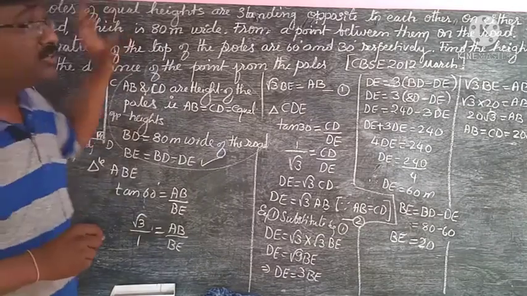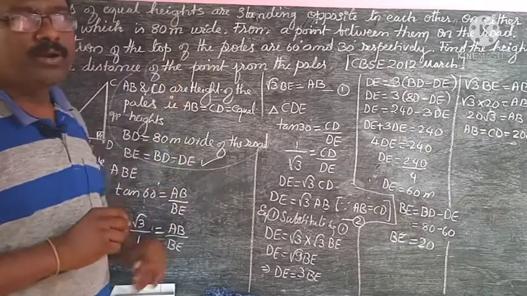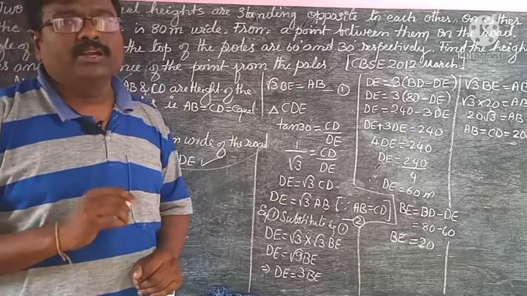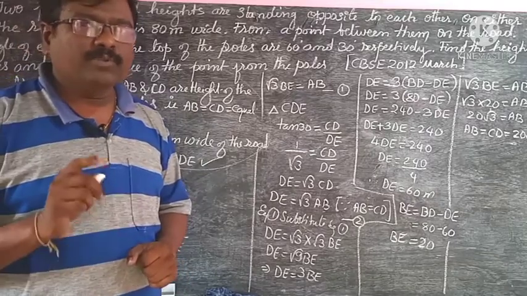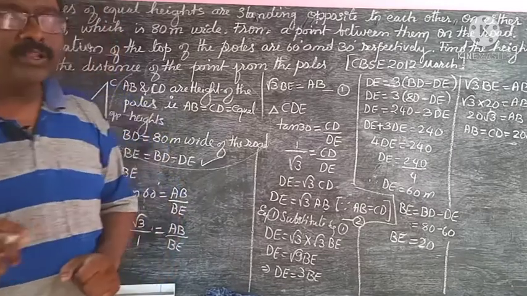Therefore you can understand the questions, draw the diagram using the steps, and be able to solve any problems regarding the applications of trigonometry. I hope you better understood these problems. Okay, thank you.